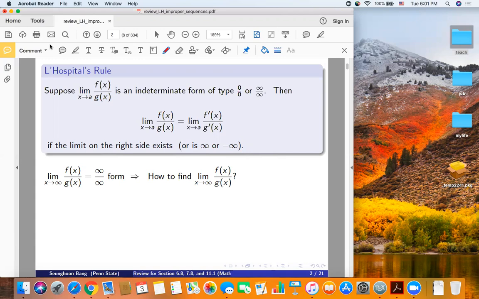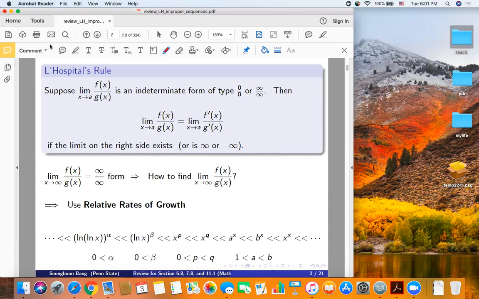So how can you find the limit? We use relative rate of growth, so we can use this table. What does it mean? ln of x to the power beta is growing faster than ln of x to the power alpha. x to the power p is growing faster than ln of x to the beta. x to the power q is growing faster than x to the power p.